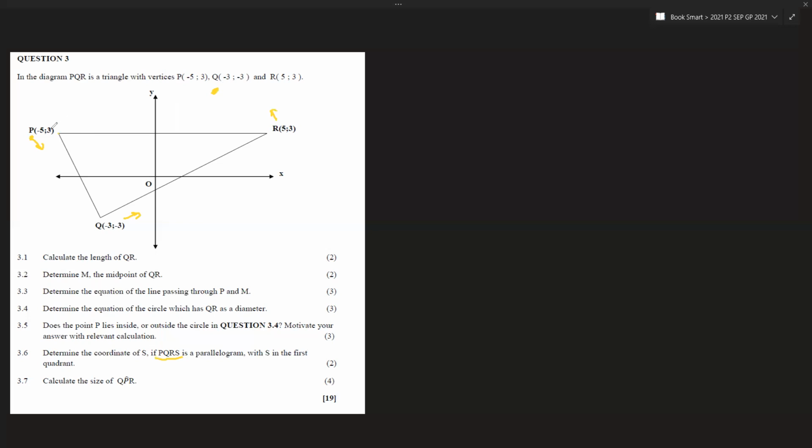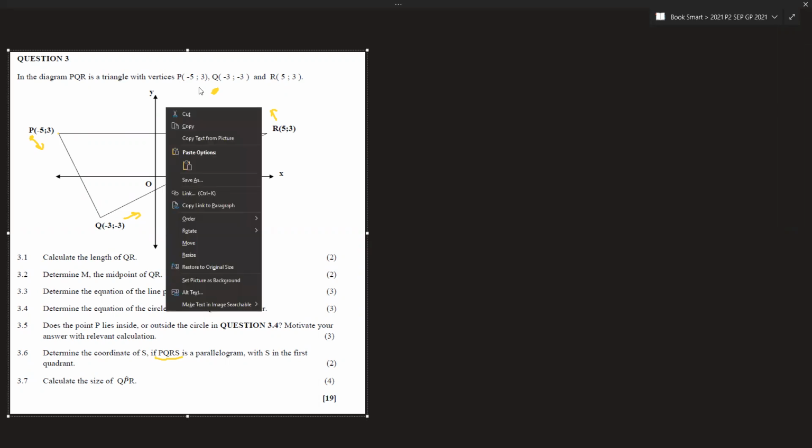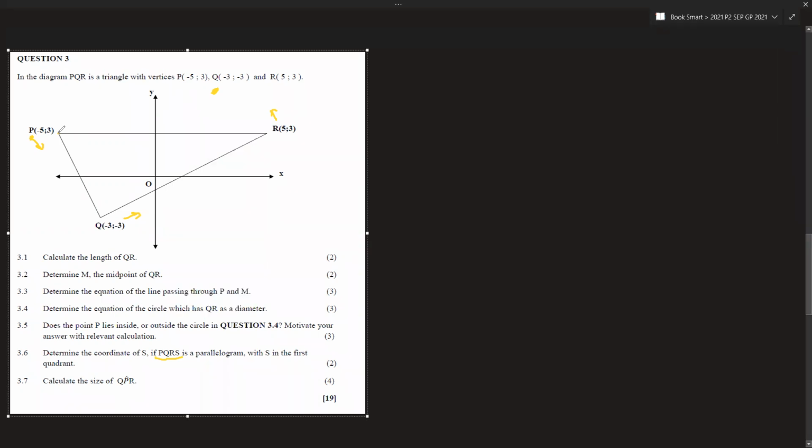So we can draw it now. Okay, let's try to draw this quickly. So I'm just drawing a visual point S somewhere there.